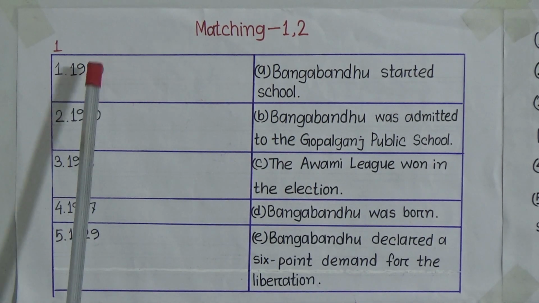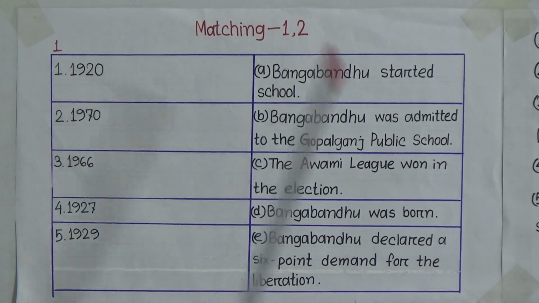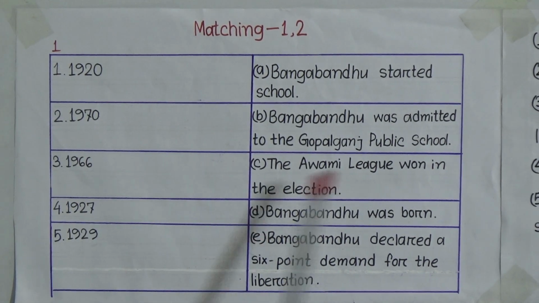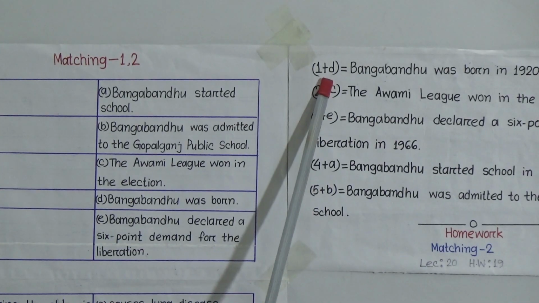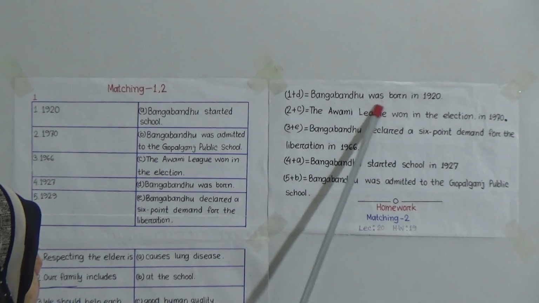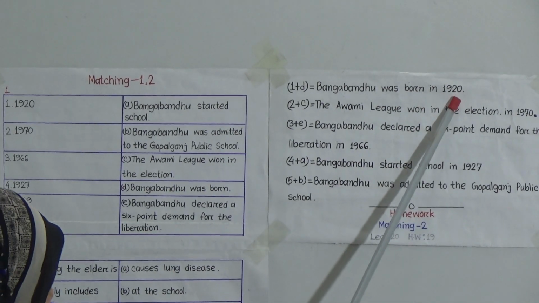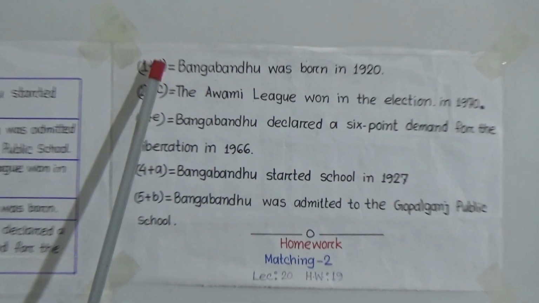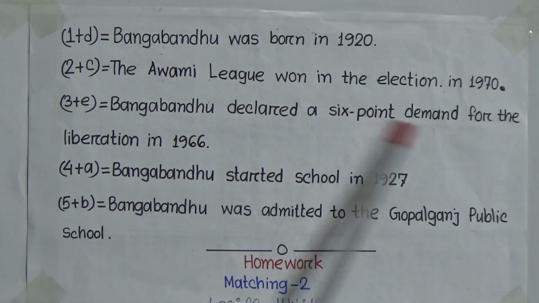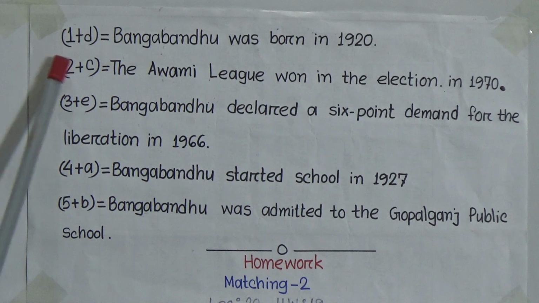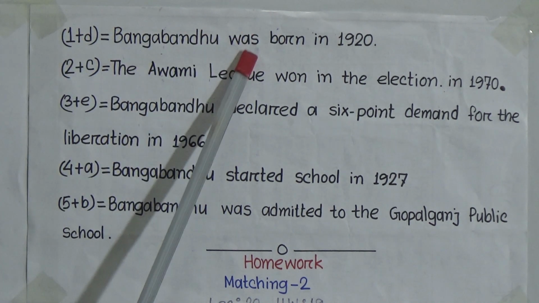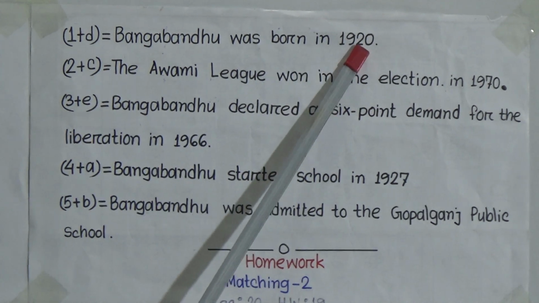This information is correct. So first we have to write the sequence 1 plus D. Look here, I have written 1 plus D. That means Bangabandhu was born in 1920. Students, first you have to write the sequence and then you have to write the full sentence. So number 1 will be 1 plus D and the sentence will be Bangabandhu was born in 1920.